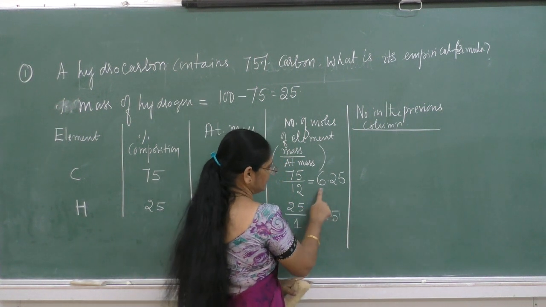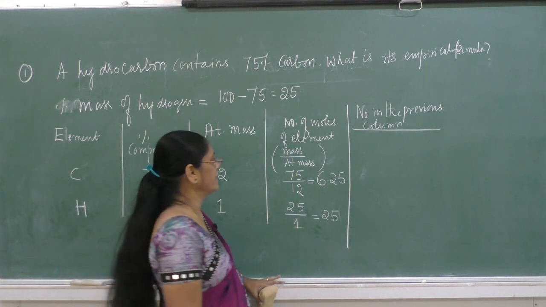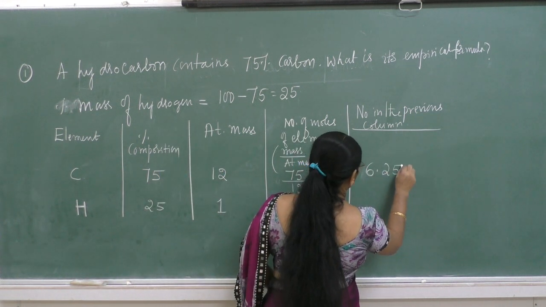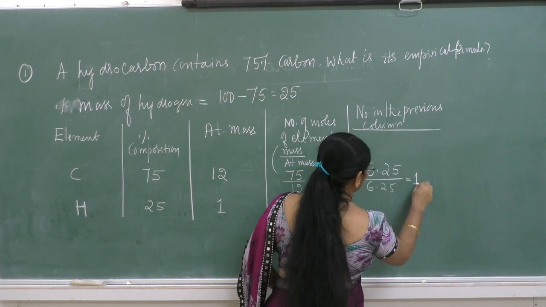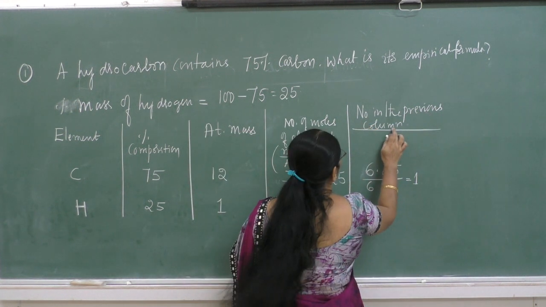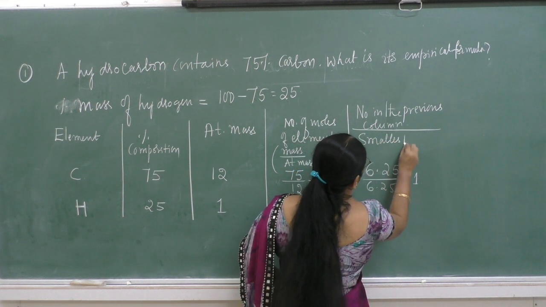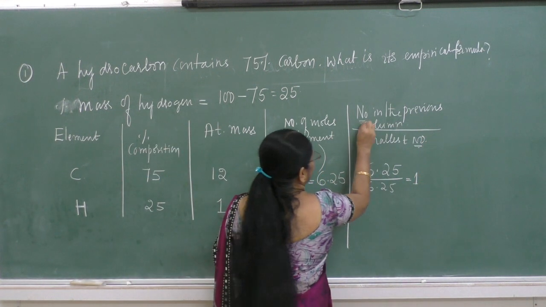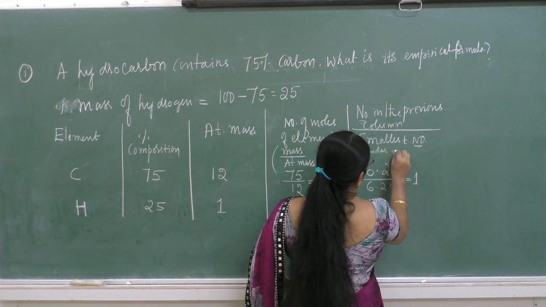Between these two values, 6.25 is the smallest value. So therefore, divide by 6.25. 6.25 divided by 6.25 is equal to 1. So this is also known as the molar ratio.